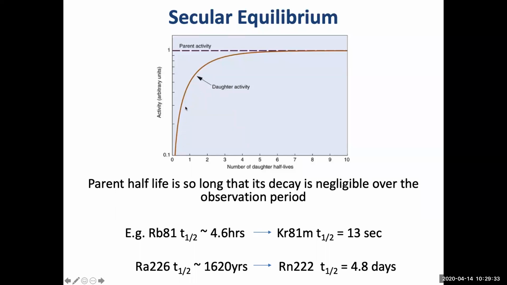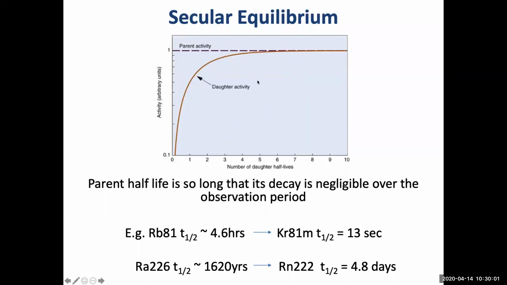While the daughter activity builds up, the parent is decaying. After about 5 half-lives of the daughter, the activity of the daughter will be equal to that of the parent. We can see here the half-life of the daughter. After 5 half-lives, the activity of the daughter starts decaying together with the parent.